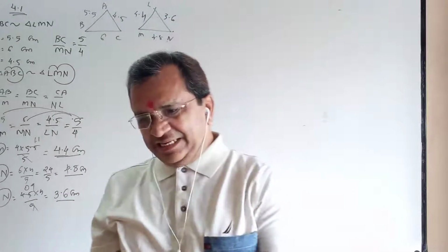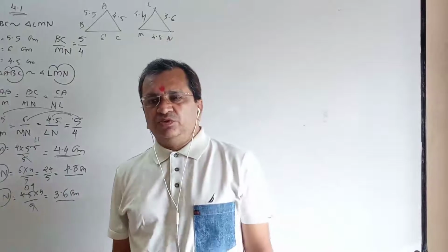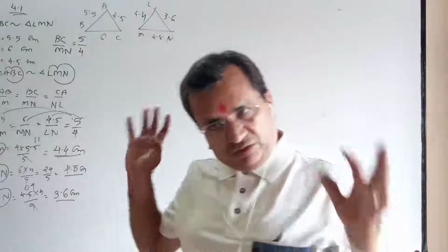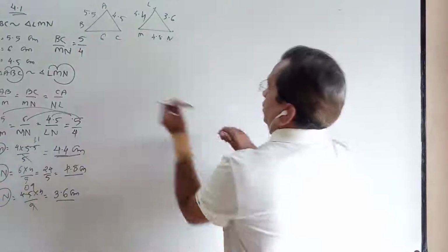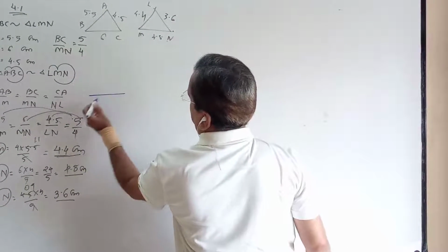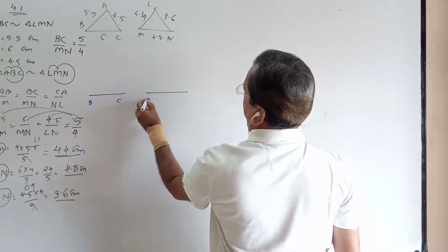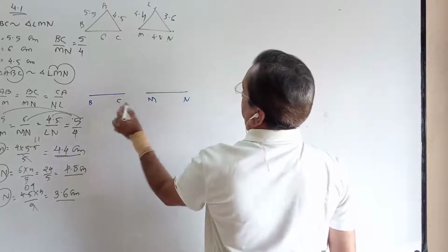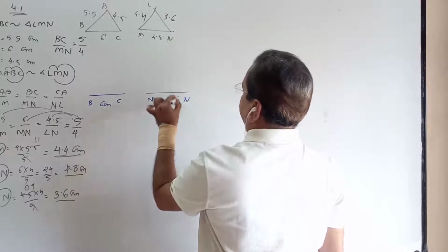Now by the SSS method you have to complete both triangles. You have to draw both triangles, not only a single one. So base BC 6 centimeter. Base MN is 4.8 centimeter.